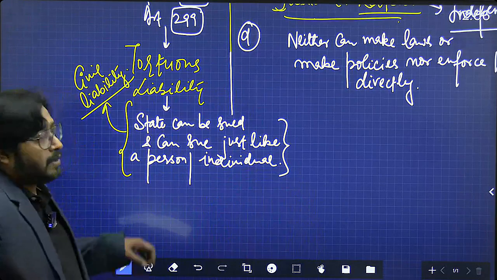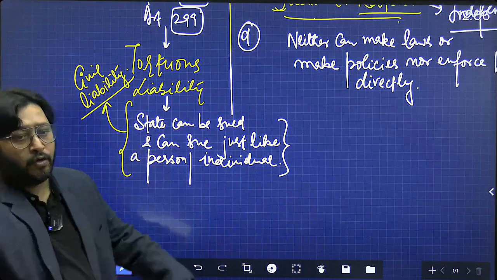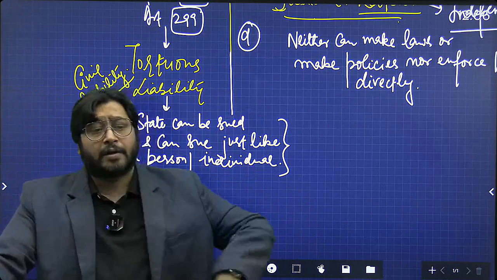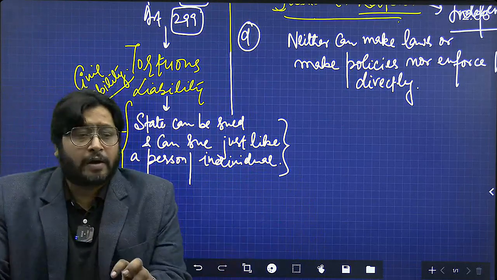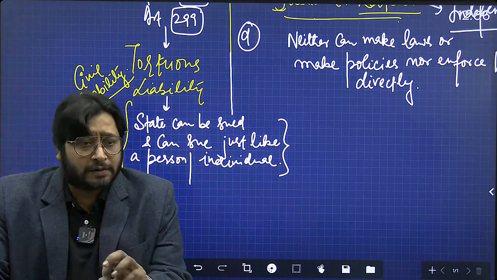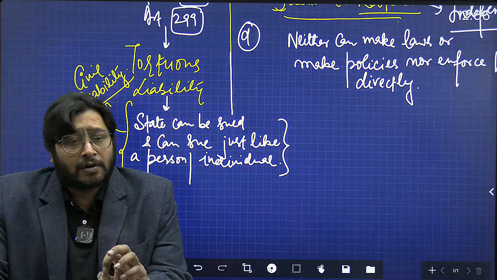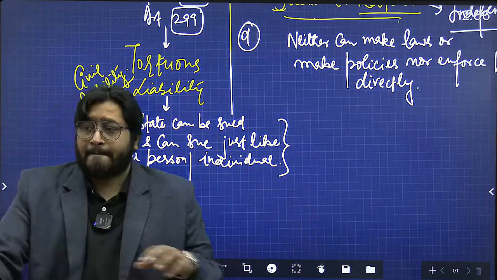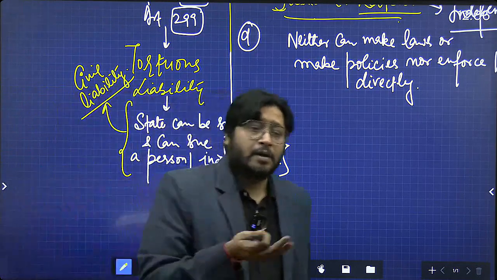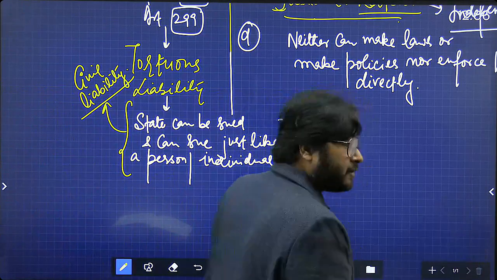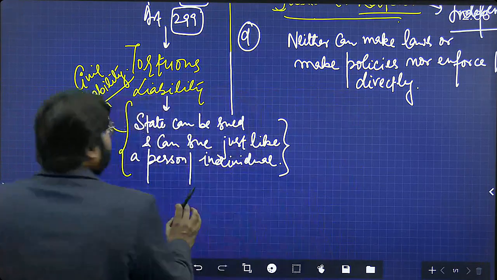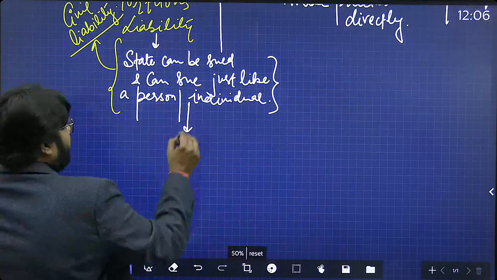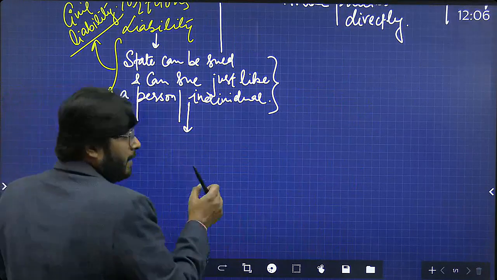For civil liability with respect to any citizen, any group, any entity, any corporate, anything, the state can be sued like ordinary persons or citizens. Fine? That is called tortious liability.